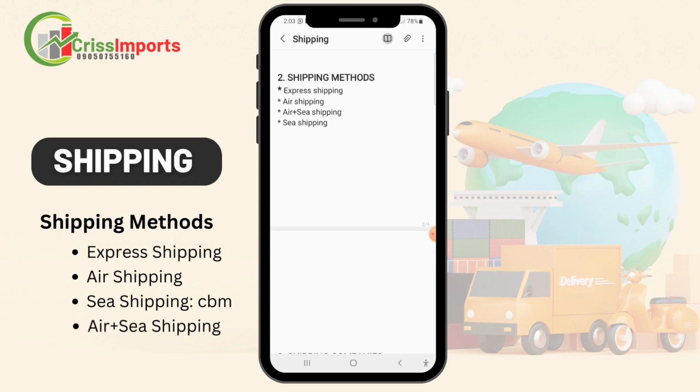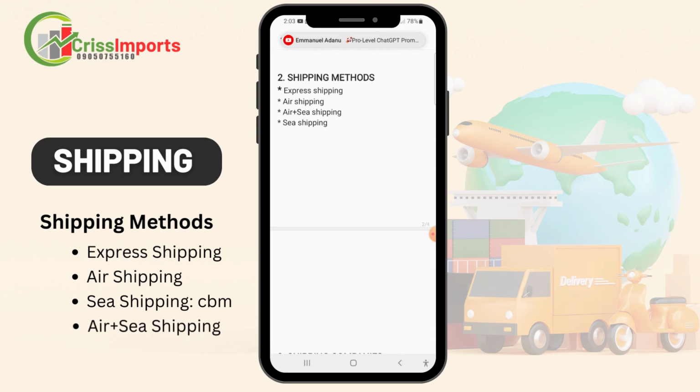Then it will now enter sea. It will land into your country through sea, or it may leave China through sea. When it gets to a certain point, they will bring it from the sea and then send it to your country through air. So it's a mixture of both methods. It's cheaper than air, and it is faster than sea. All right, I don't know if you get it, but that's how it works.